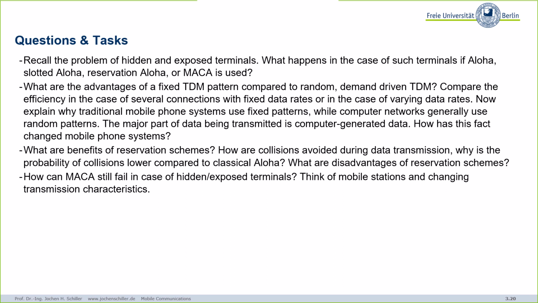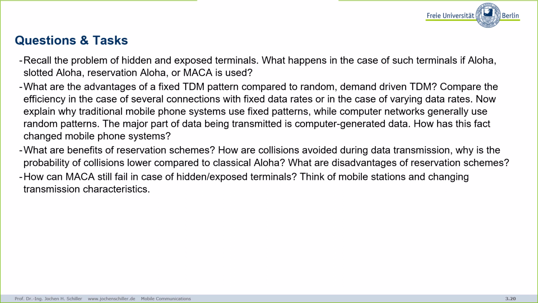Question 2. I don't know which is question 2 now. I have several. TDM. The advantages. Oh, okay, I understand. The question 2 here on the slide, sorry. How this fact changed mobile phone systems.